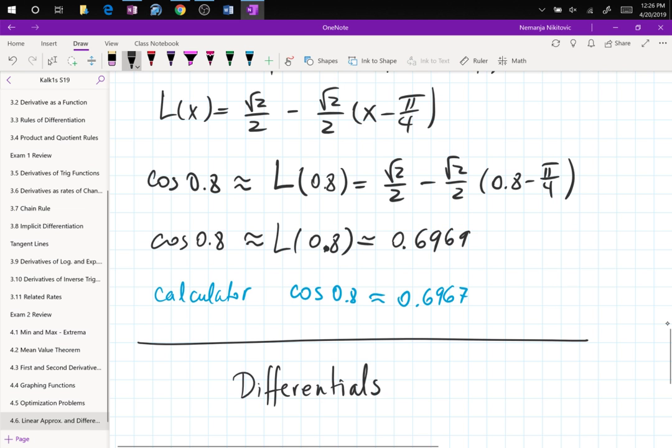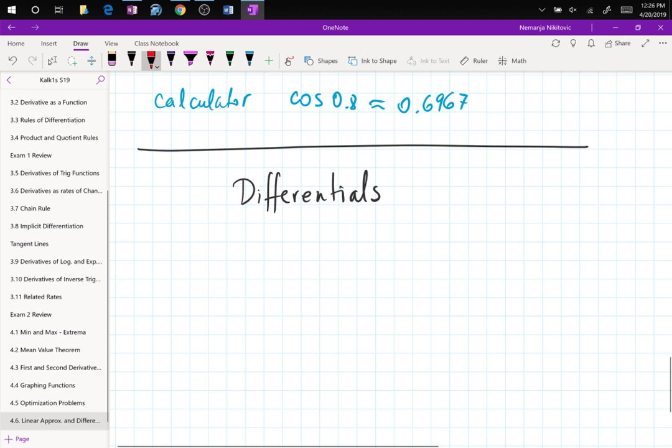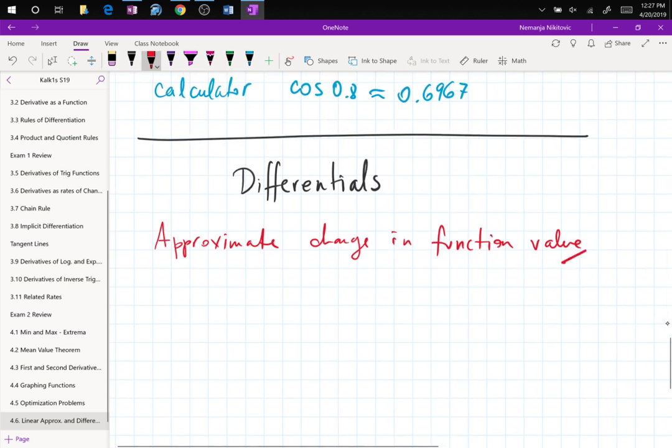And what the differentials do is they approximate the change in function value, which is the output. Again, is this something that is crucial for our survival at the moment? No, it's not, because we have computational power to calculate the exact change every time.